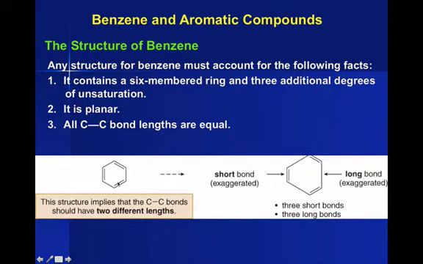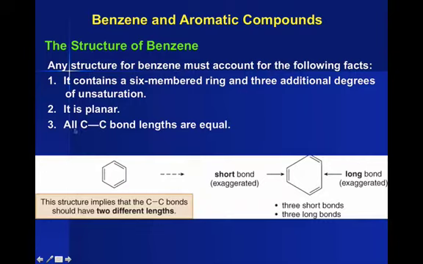If we look at the structure of benzene, you might predict that you would have a long carbon-carbon single bond and then a shorter carbon-carbon double bond, alternating throughout the structure. If you exaggerated that, benzene would look something like this, 3 long bonds and 3 short bonds.